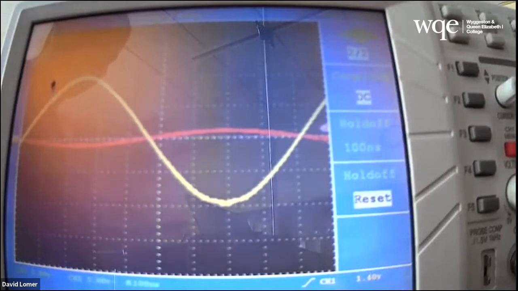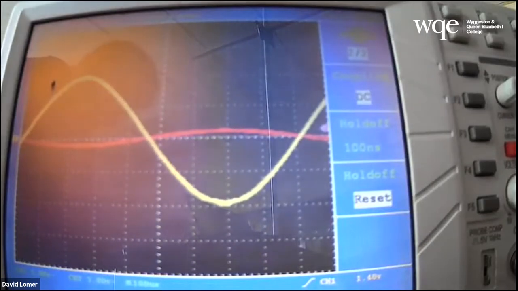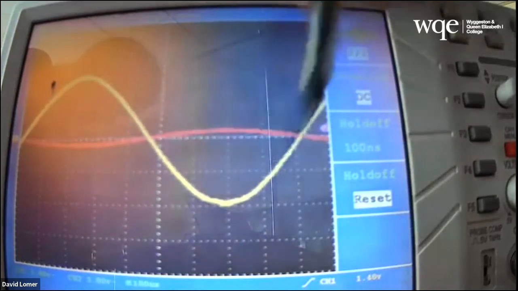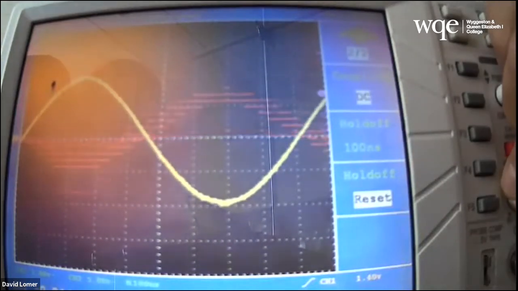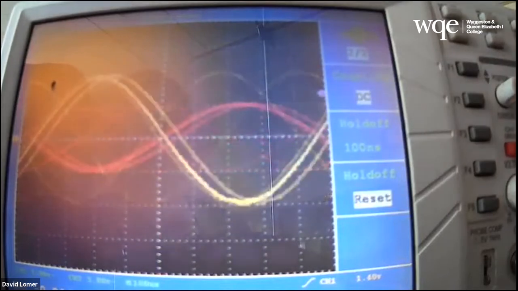But what else do you notice? If you're really observant, you'll notice that when the red one goes down, the yellow one goes up. And when the red one goes up here, the yellow one goes down. And you'll see it a bit better if I change the scale so they're on a different scale. Now I'm wishing I hadn't done that.